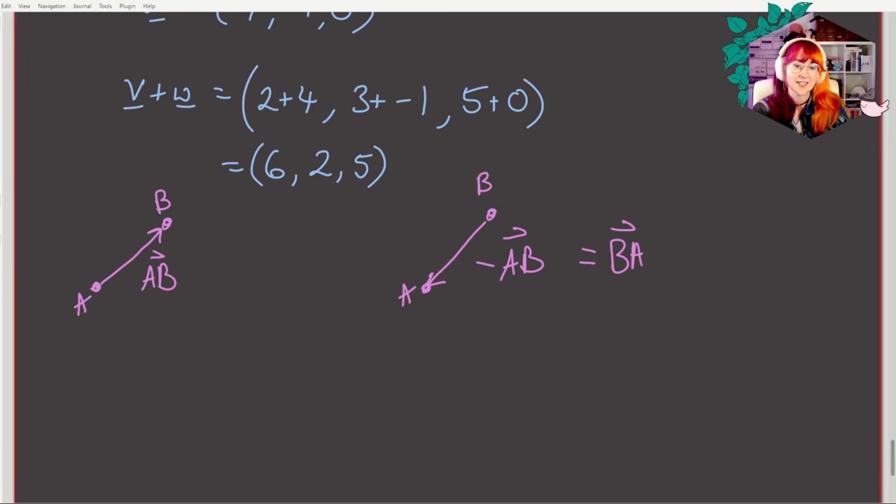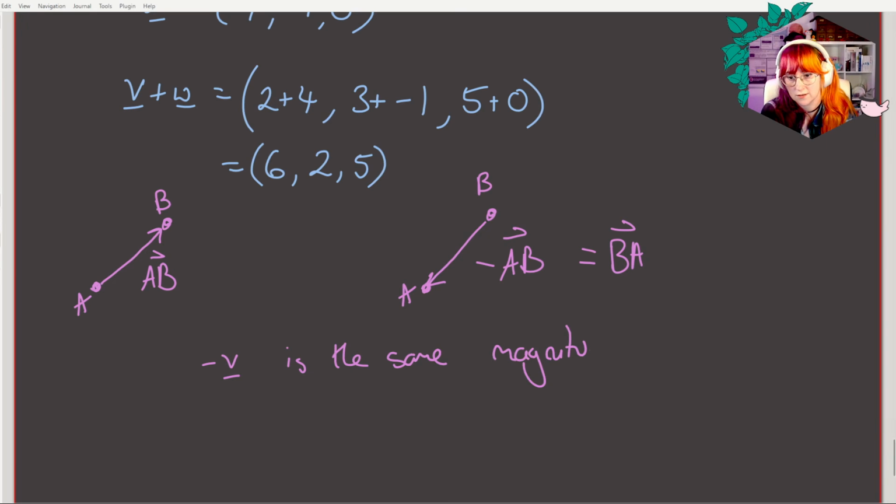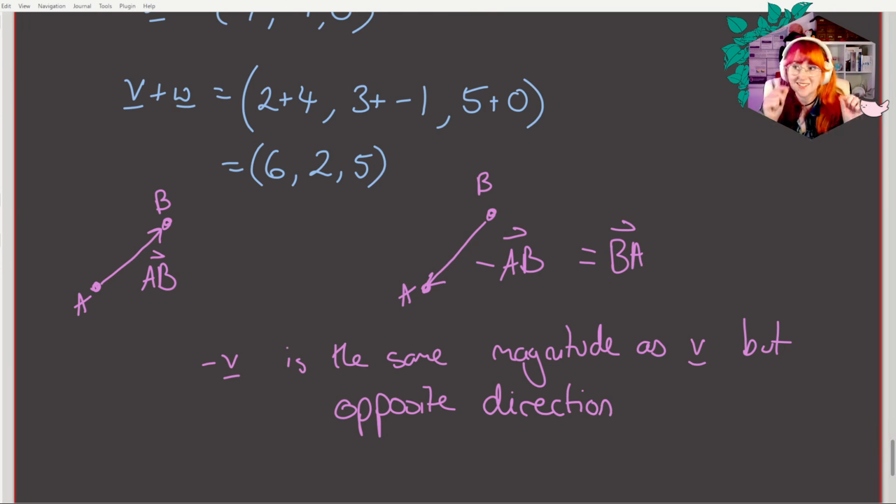So the negative of a vector, so minus V, is the same magnitude as V, but opposite direction. Okay, the distance between my points hasn't changed, but the order I do them in is backwards.